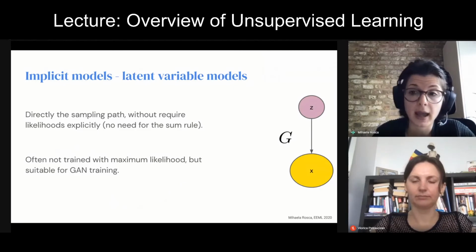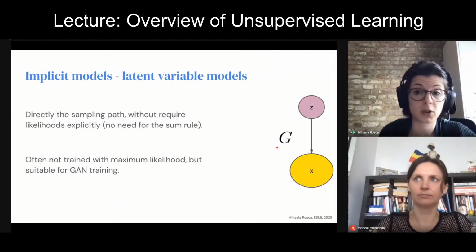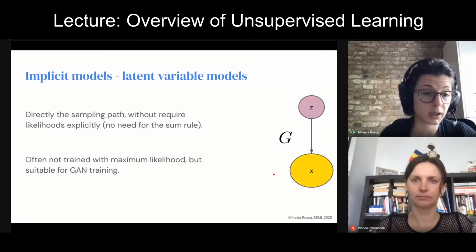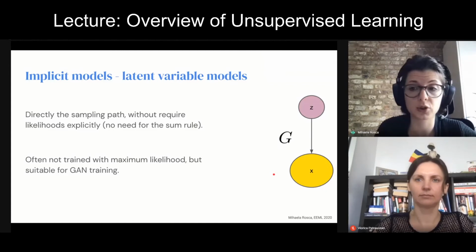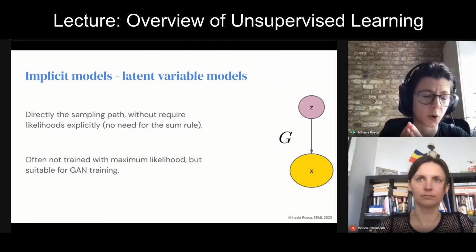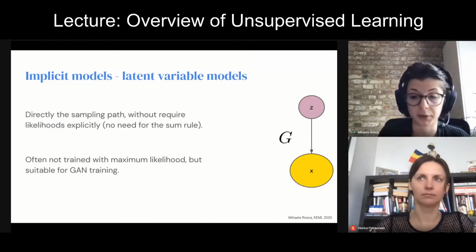But you can have a deterministic transformation, for example, from latent space to observed space that now just produces samples. So on the output here, you no longer have a probability distribution, you just have ways to generate data. And again, because you don't have this probability distribution, now this restricts the set of objectives that you can use for training. So you won't be able to use maximum likelihood, for example.